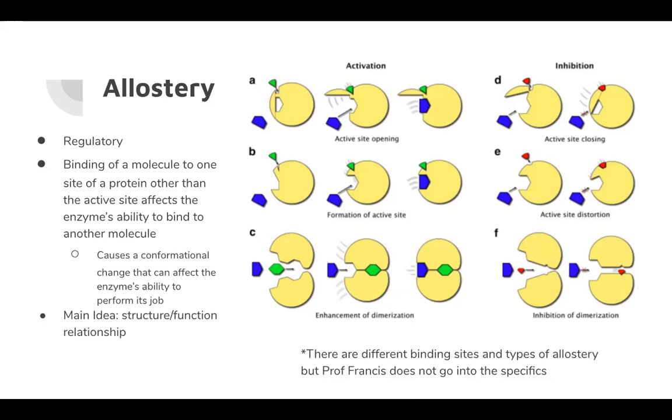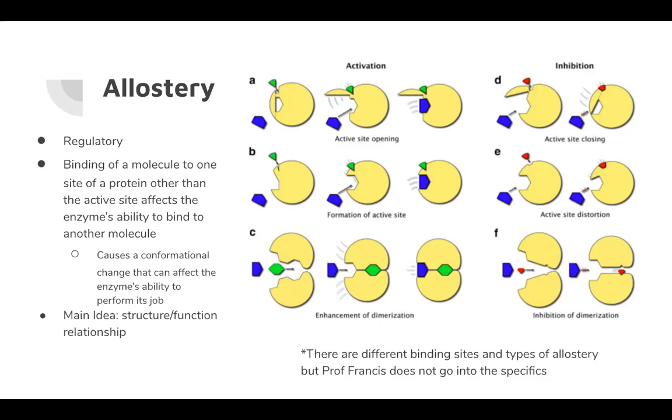If you put the sponge on the other side of Pac-Man's mouth, that could change the shape of the other side, and then that might affect the part where something is going to bind into the Pac-Man mouth. So the site where the enzyme usually binds a molecule might not fit properly, and that affects the enzyme's ability to perform its job because it isn't able to bind as efficiently.